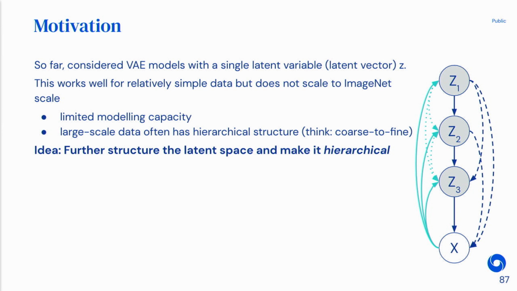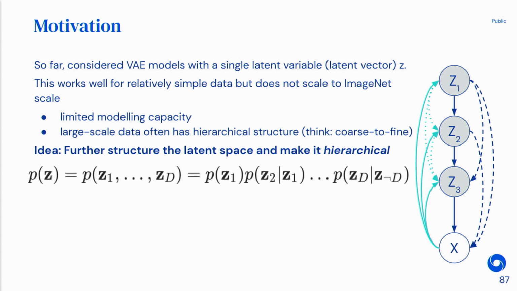So this would be a 3-layer model, and you see there are lots of arrows going on here. The important bit is that the space is structured, so the prior p(z) is now a prior over different dimensions. For example, in the picture on the right, it would be D equals 3. Typically it's structured in the sense that in itself it's a small model that factorizes in some way.